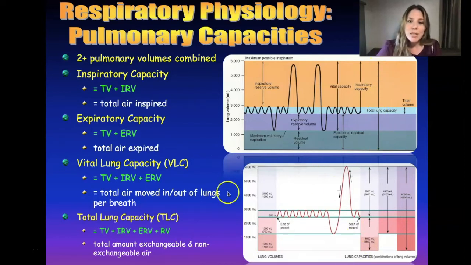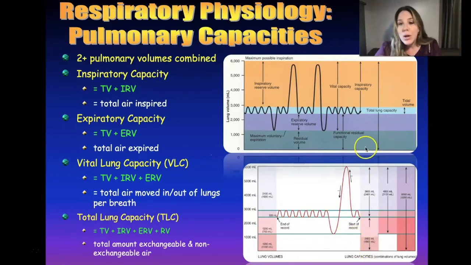And we can translate this onto a graph just showing the actual volumes that are exchanged. So remember that our tidal volume is half a liter, so 500 milliliters. Our inspiratory reserve volume ranges. The max is about 3,100 milliliters. Our expiratory reserve volume ranges from 700 to 1,200. And our residual volume is about 1 liter.